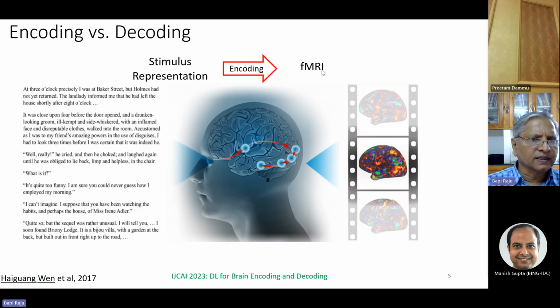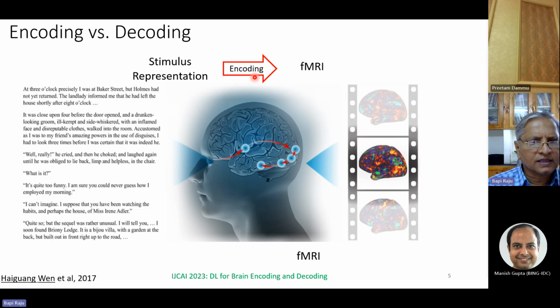In this case, the brain activity is functional MRI. It could be EEG, MEG, optical recording, NIRS, any of those activations. So learning a model to predict brain activity is the encoding process.